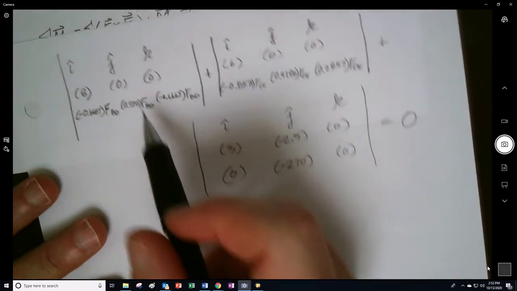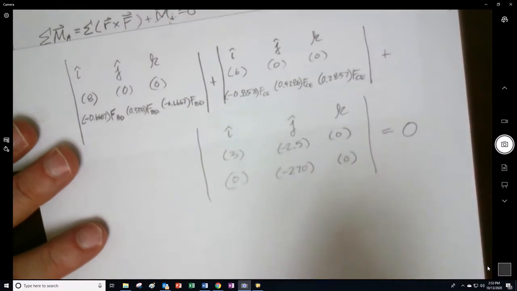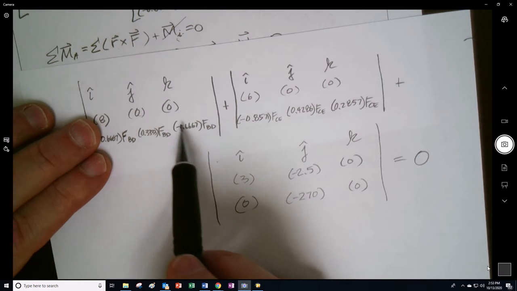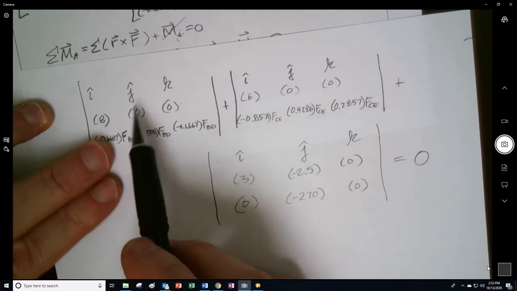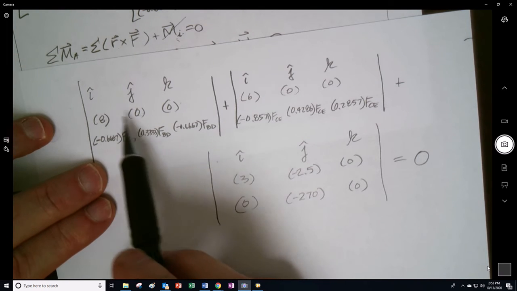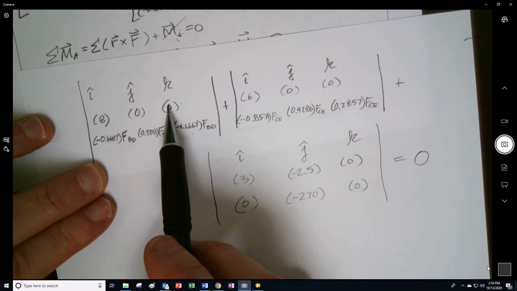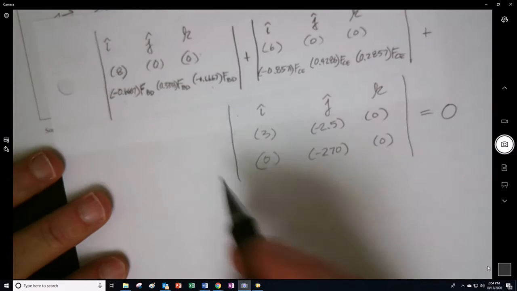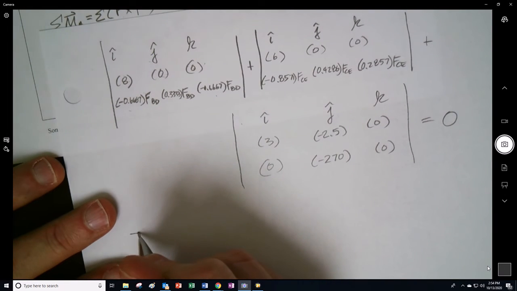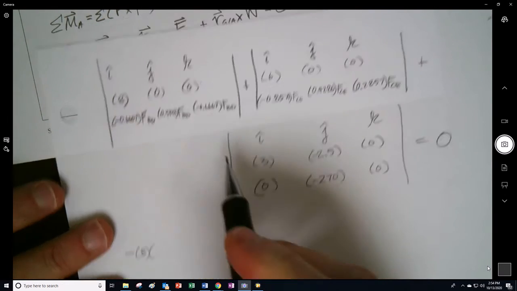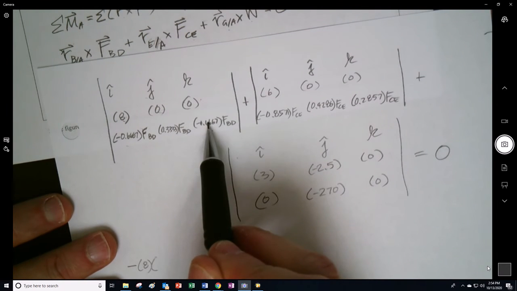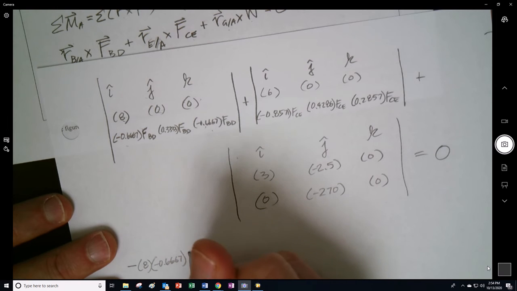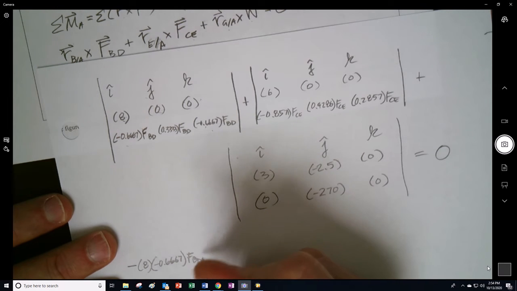All right, so doing these cross product thingies, a lot of fun, isn't it? For the i, 0 times here, 0 times there, that's fine. j is this times this, and 0 minus 0 times there, right? But remember, for the j one, we have to make it negative. So it ends up being a negative 8 times negative 0.6667 FBD j.